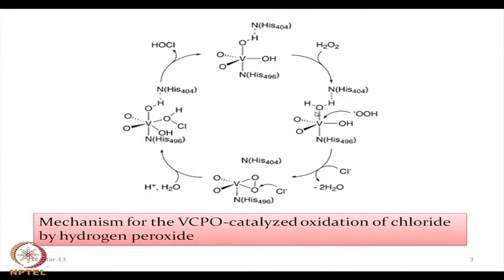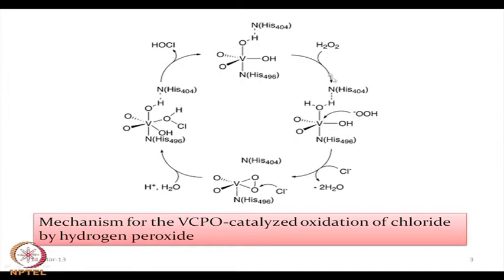So, this OH function attached to the vanadium is also a basic function. The basicity of this OH group is such that it can abstract one proton from hydrogen peroxide to convert this vanadium hydroxide linkage to a vanadium aquo linkage.